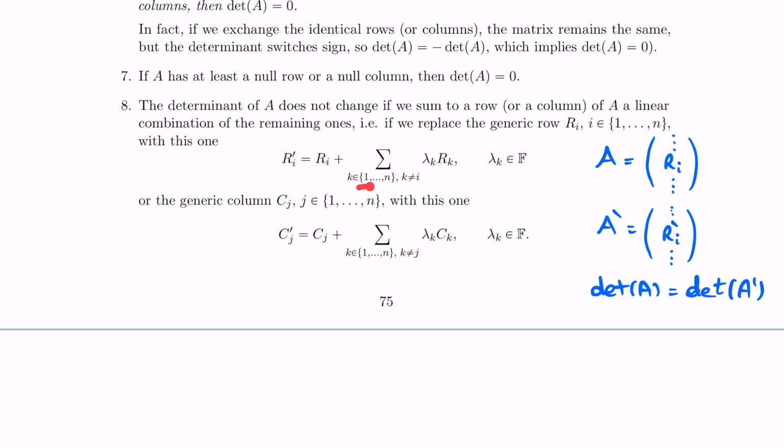So this is a linear combination of the remaining row vectors except for the row vector Ri, okay? Because we have eliminated this possibility.